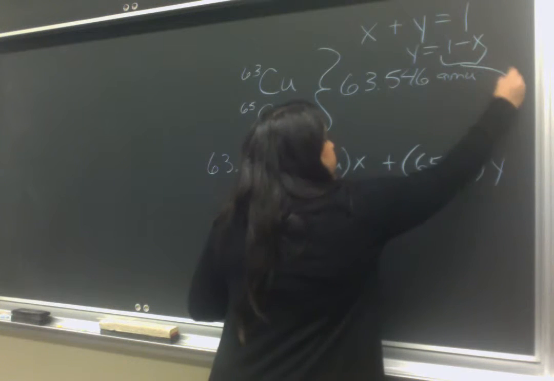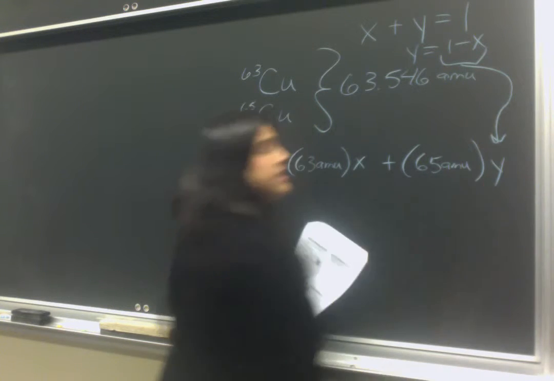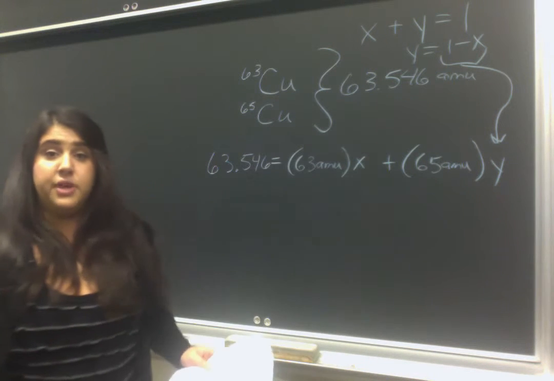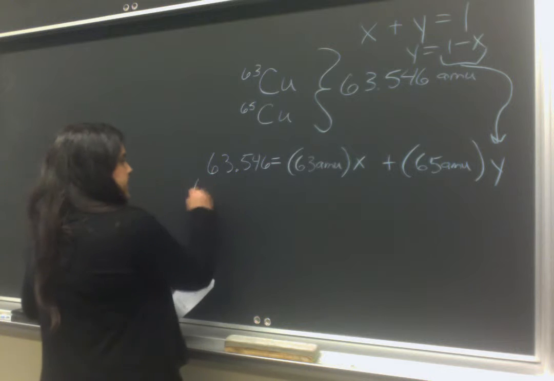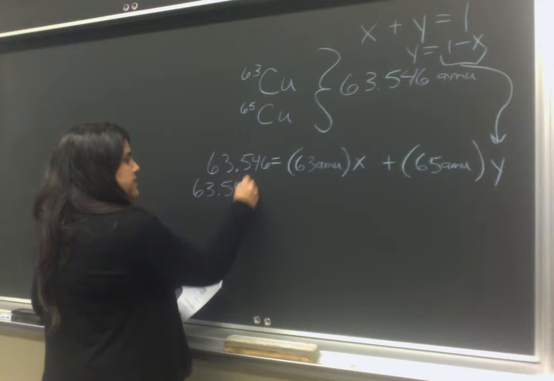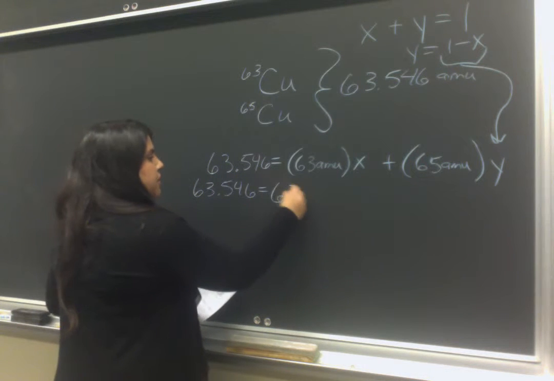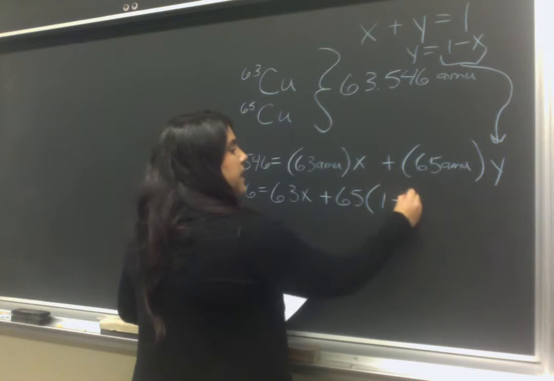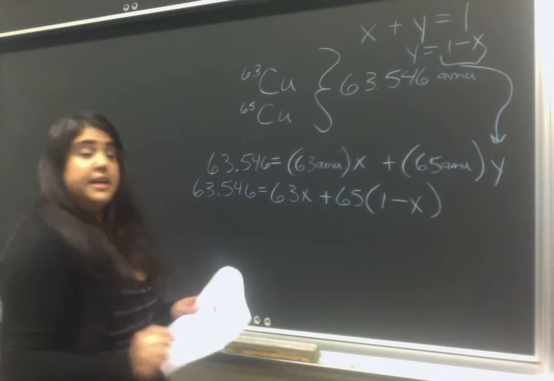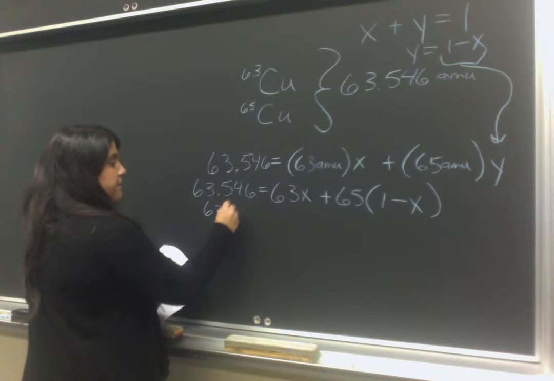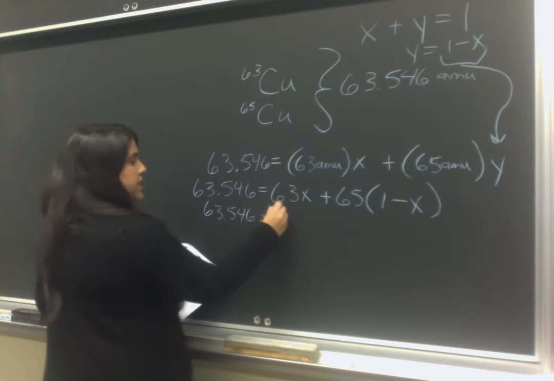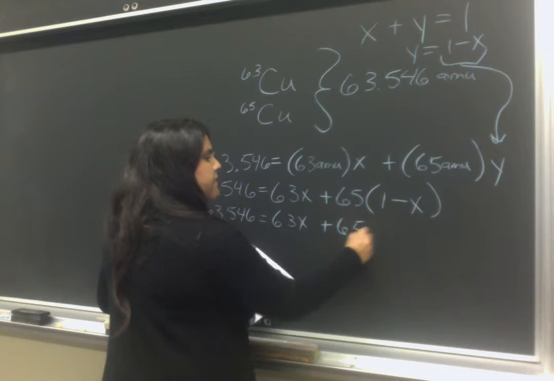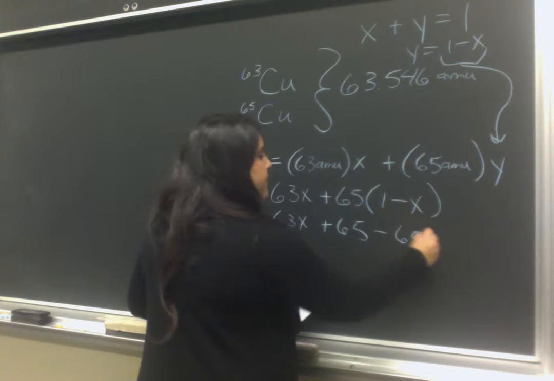I can take that and move it right down and replace Y with that so that my one big equation has only one unknown. So 63.546 is equal to 63X plus 65 times 1 minus X. Keep going with this, 63.546 is equal to 63X plus 65 minus 65X.